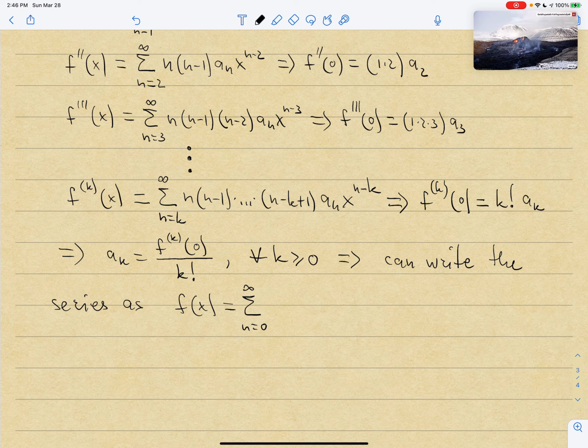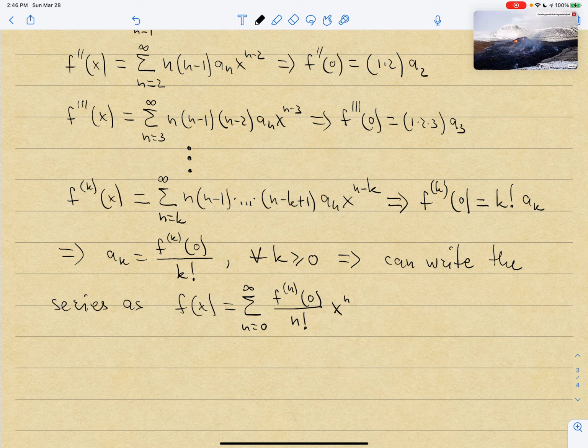What's an? I have to replace k by n, so I'm going to get nth derivative of f evaluated at 0 divided by n factorial times x to the n.